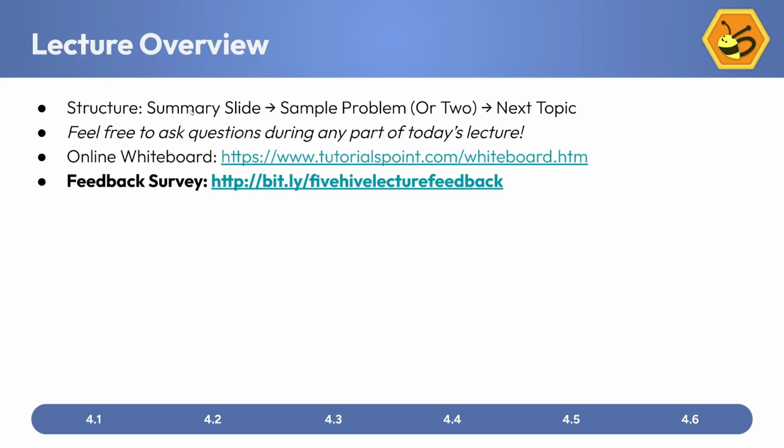For each of the topics that we have, I have a summary slide prepared, so just some tips and things to remember for this unit and for the topic that we're discussing. And then after, I have 1 or 2 sample problems for each topic, and then we just repeat this for each topic. Feel free to ask questions during any time, even if I'm talking. I'm going to be monitoring the chat periodically, so feel free to discuss there.